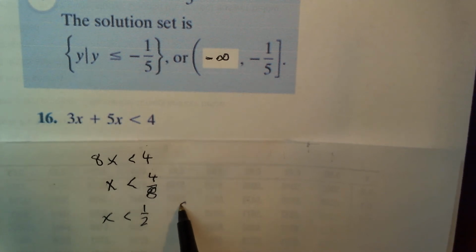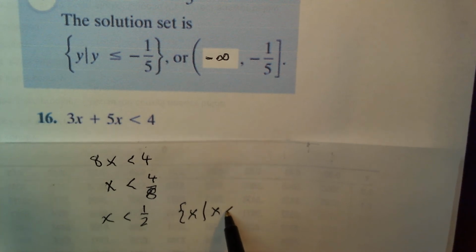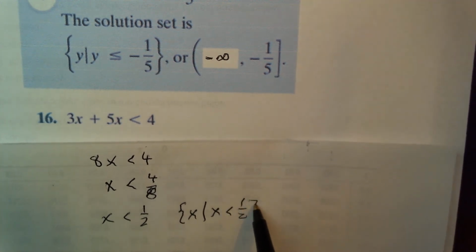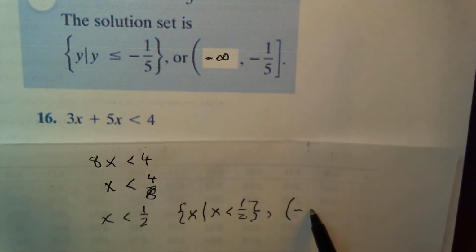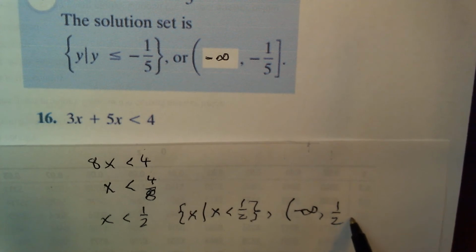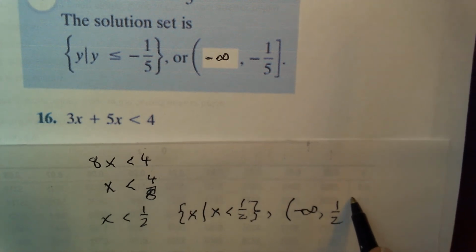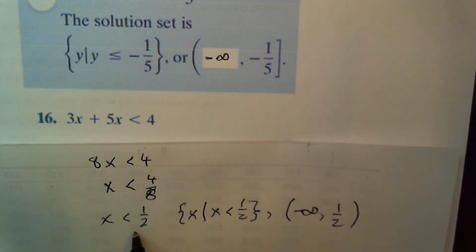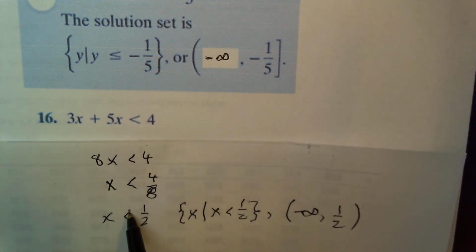So that means the set of all x such that x is less than 1/2. And in interval notation, it would be minus infinity to 1/2, and where the 1/2 gets a parenthesis because we have inequality here without the equal sign.